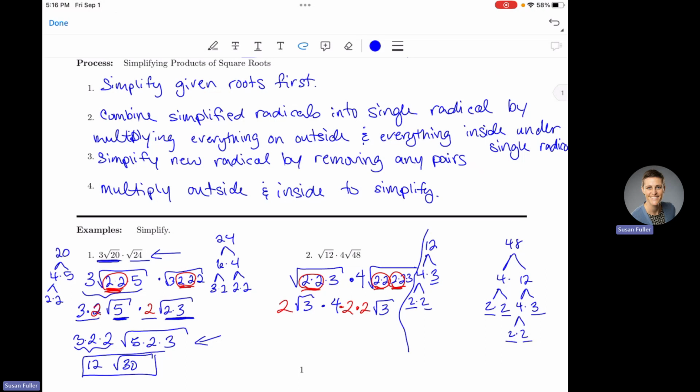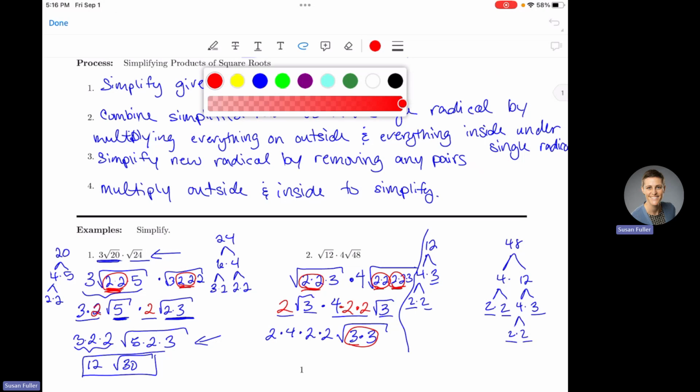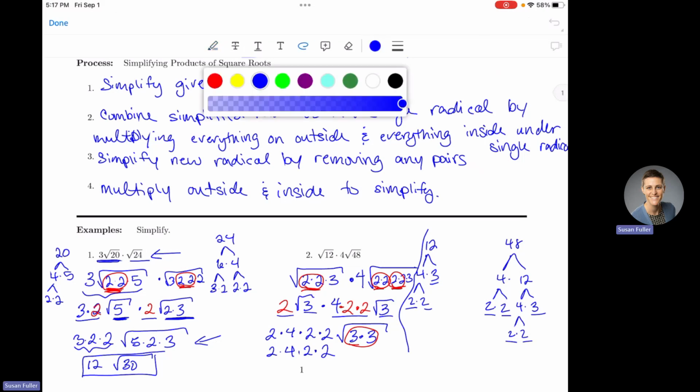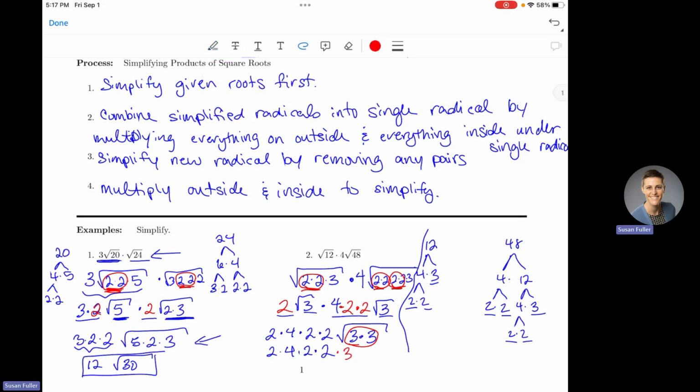Now I'm going to combine. All the stuff on the outside stays on the outside. So I've got 2 times 4 times 2 times 2 on the outside. And then under the radical, I'm going to combine these two under a single radical, which is 3 times 3. Now I'm going to look for pairs under my new radical, and I have one. And so now I can combine these guys. I've got 2 times 4 times 2 times 2, and then this pair of 3s underneath creates a 3 on the outside.